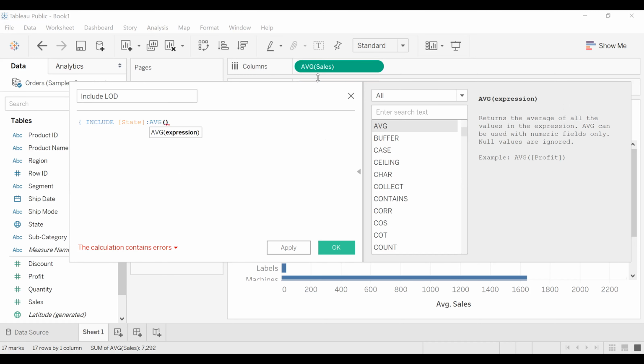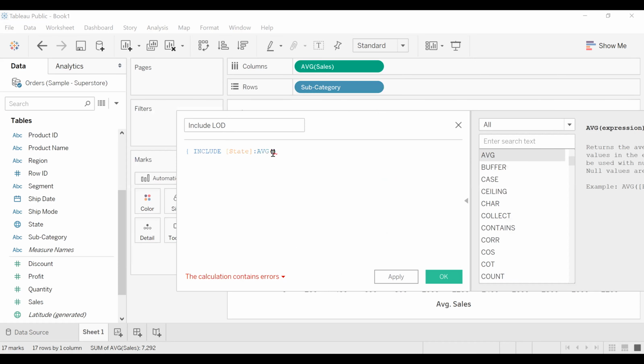Here my view will be at the subcategory level, but I am creating an LOD expression to make the average of sales work at the state plus subcategory level. So this is include LOD.